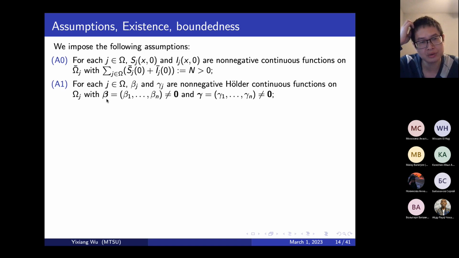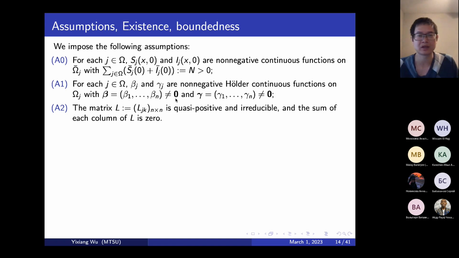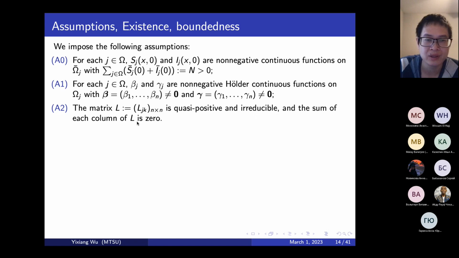We do allow some components of beta and gamma to be 0, but we need the vectors beta and gamma to be not equal to 0. The matrix L again models the movement between the patches. We assume it is quasi-positive, irreducible, and the sum of each column is 0.